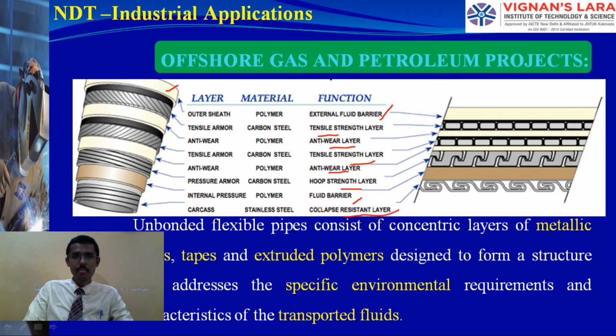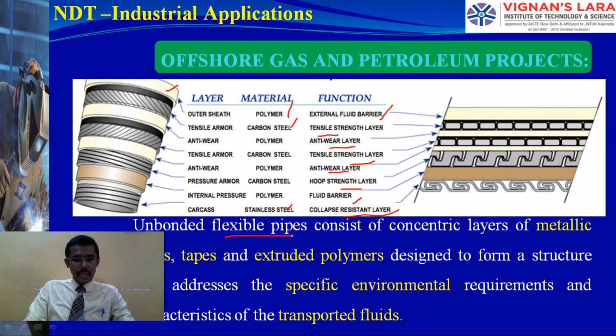All these are made of polymer, carbon steels, and stainless steels. It is flexible. That is why it is named flexible pipes. We need its functions to protect from the surrounding water corrosion, and we are using multiple protecting layers here.